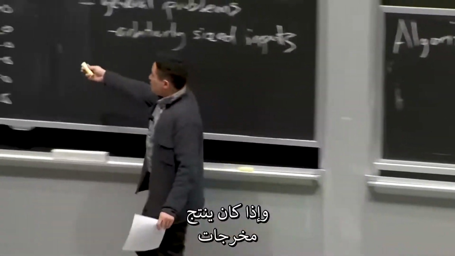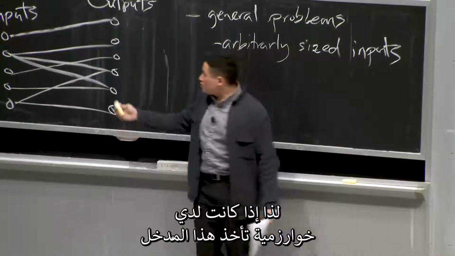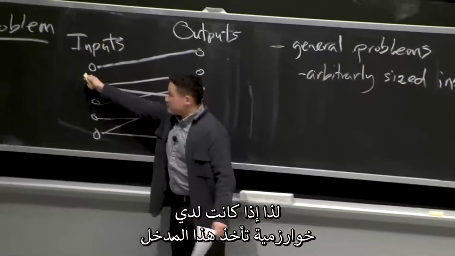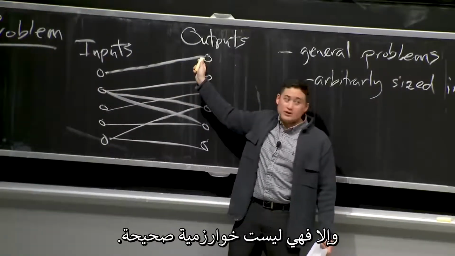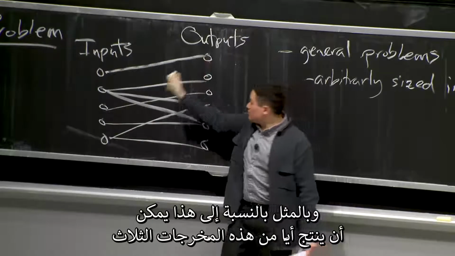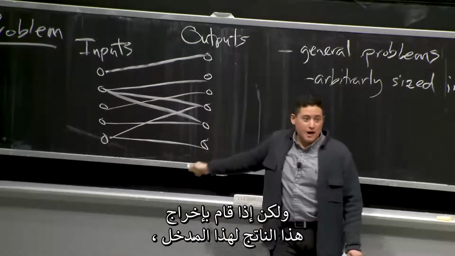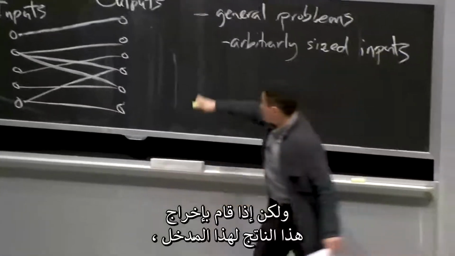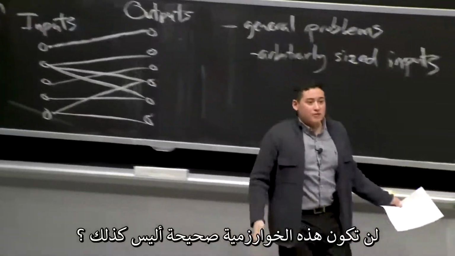And if it generates an output, it better be one of these correct outputs. So if I have an algorithm that takes in this input, I really want it to output this output, or else it's not a correct algorithm. Similarly, for this one, it could output any of these three outputs, but if it outputs this guy for this input, that would not be a correct algorithm, right?